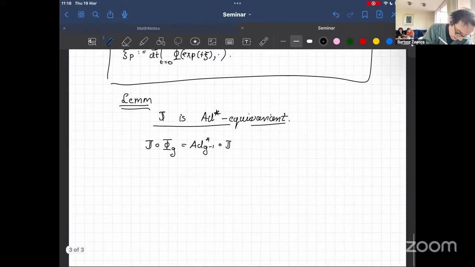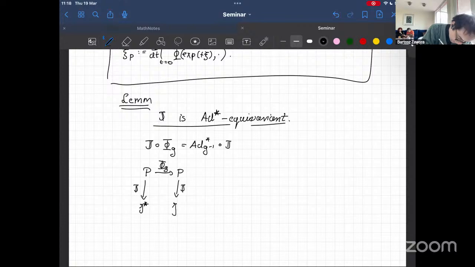In other words, we have the following diagram, where here we have the Lie group action, here we have J, here we have J, and it goes to g star. So this is the dual adjoint action, g to the minus 1.